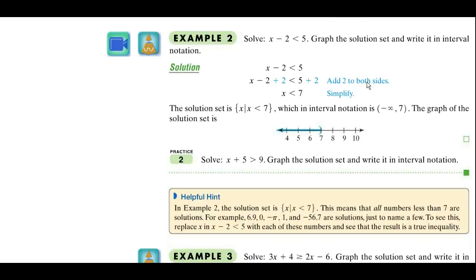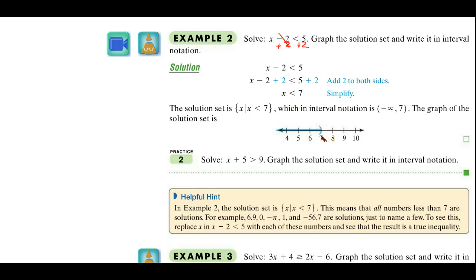Now, if we want to isolate the x, we can transpose, or we can use the other technique of adding 2 here, adding 2 there. Here the 2's cancel out, and we get x is less than 7.